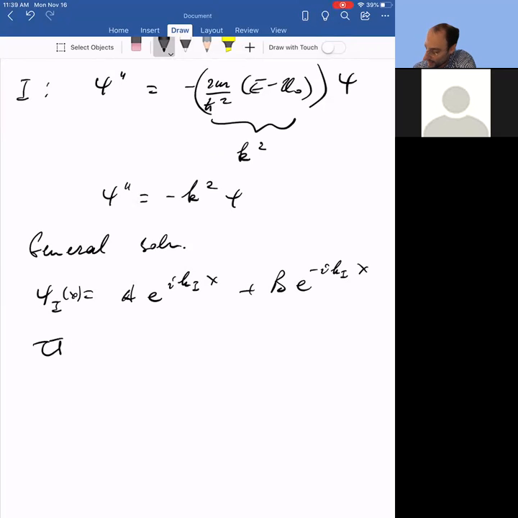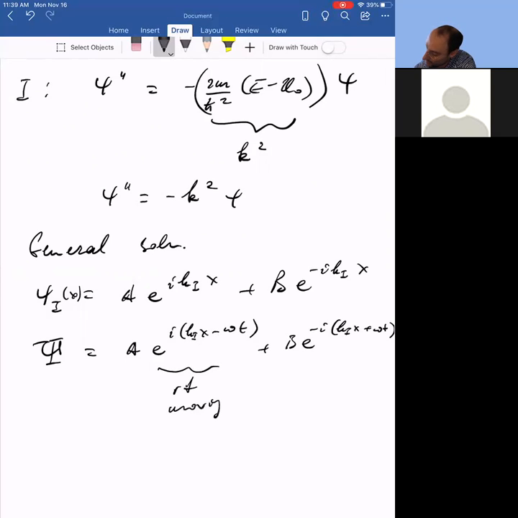So the big psi is then e to the i (k1 x minus omega t) plus b e to the minus i (k1 x plus omega t). This is a right moving wave. This is a left moving, I should say plane wave.